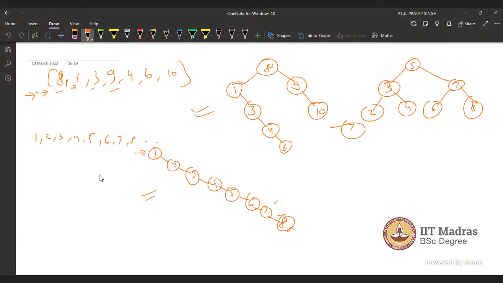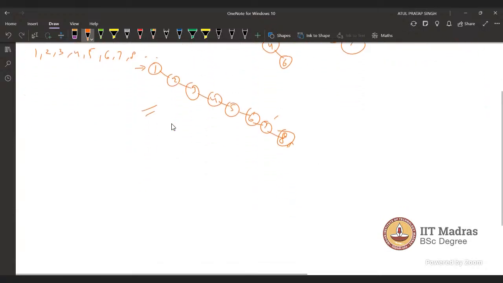But the height of this tree is only 3. If we consider that the height of the root node is 1, then 2, and 3. So this is the height of our tree. So you can find any element in 3 comparisons. Okay, so this is the binary search tree.